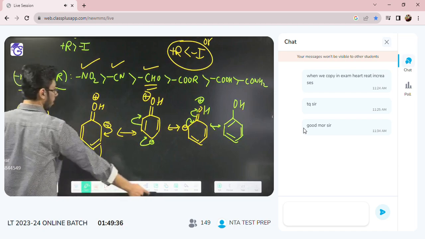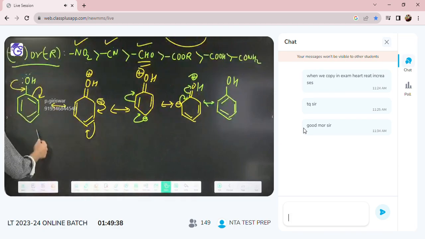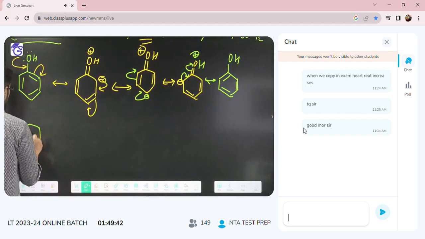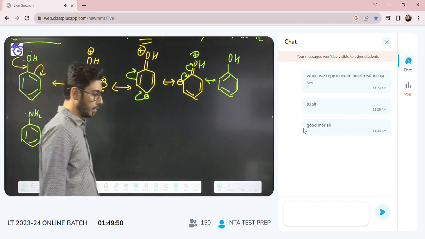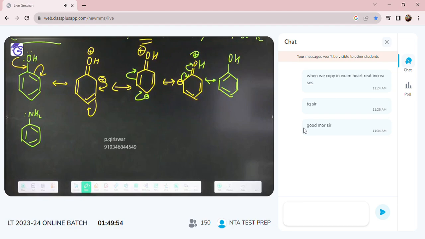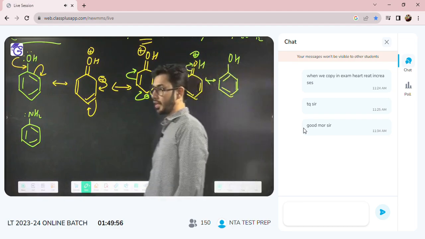So there are 5 resonating structures of phenol. Try to write for another important example, NH2 on benzene. No use of any formula, because writing resonating structures is useful in the reactions.